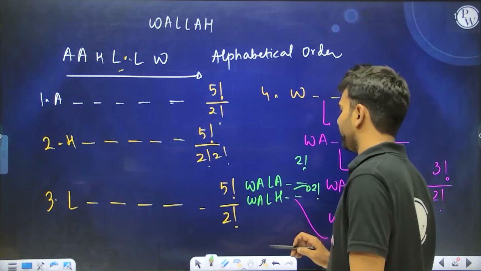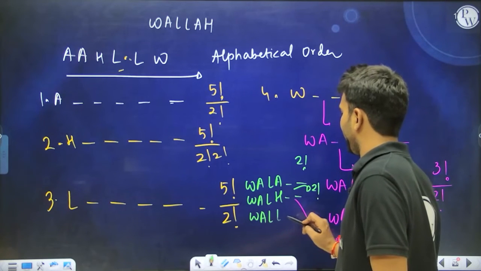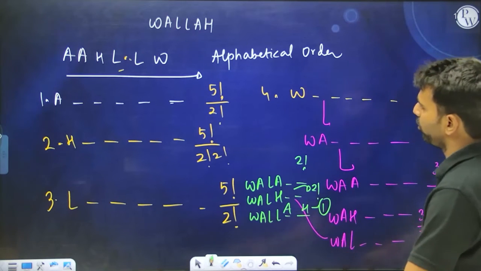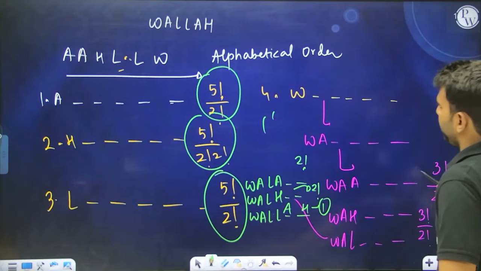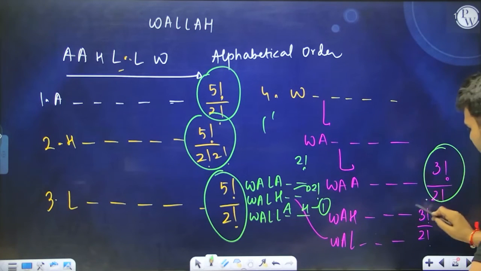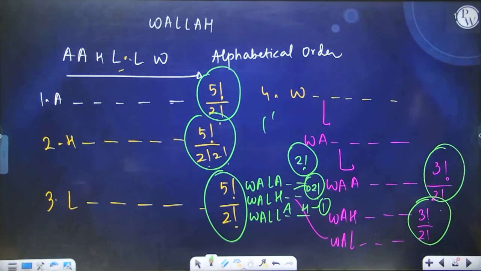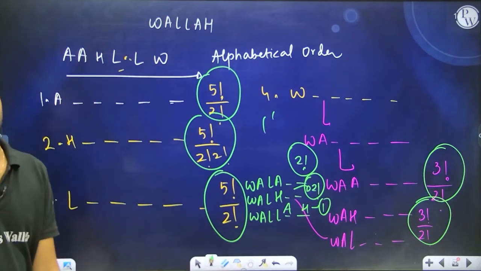And then if you see WALL, AH has to come. So this also you need to count. So look, this plus this plus this plus this plus this plus this plus this and then plus 1 is going to be your rank.